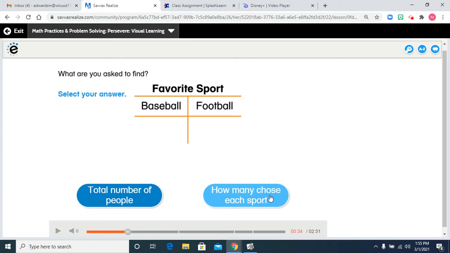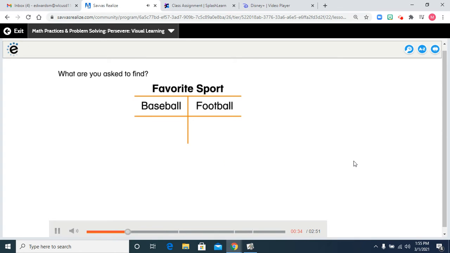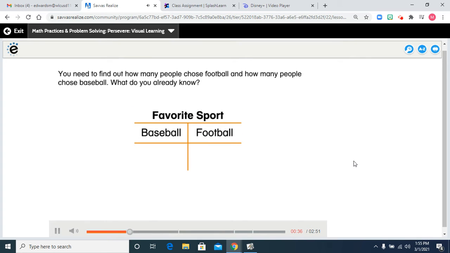So how many chose each sport? You need to find out how many people chose football and how many people chose baseball. What do you already know? You already know that Sarah asked 15 people and that one more person chose football than baseball.